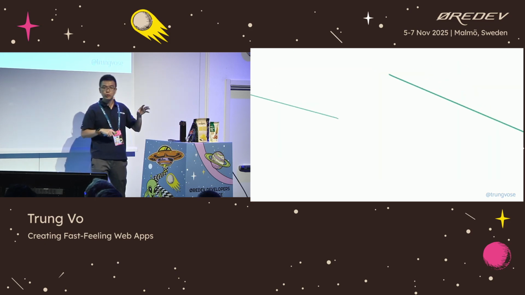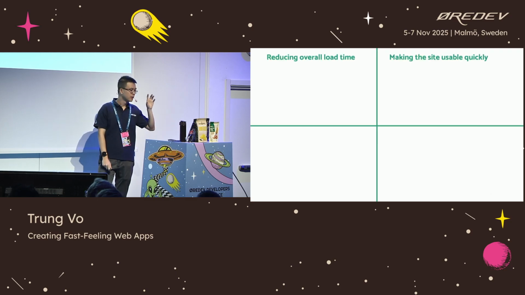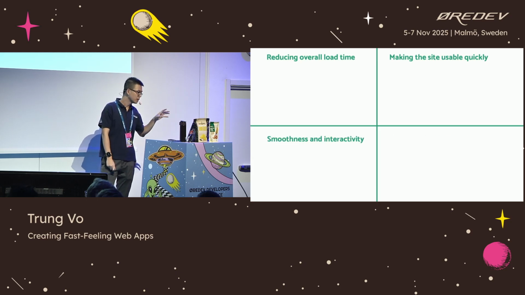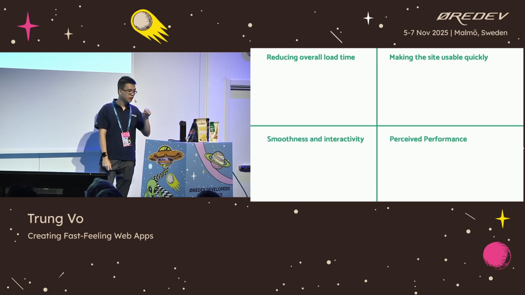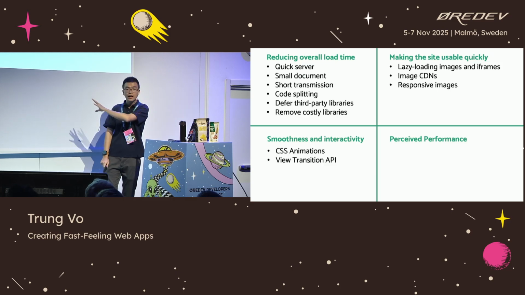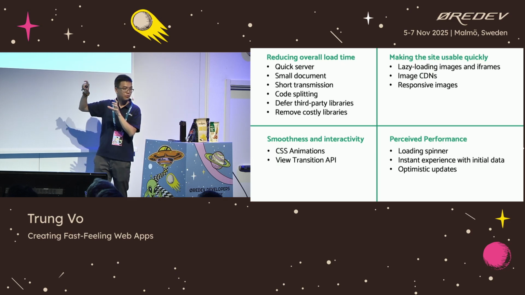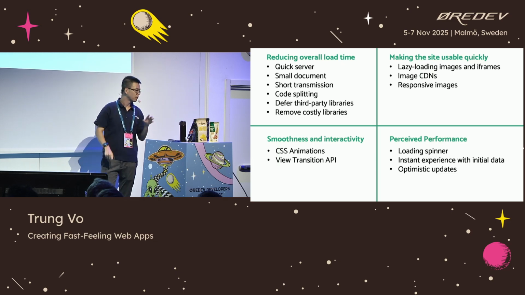And on the web, we could essentially do the same thing. There are usually 4 areas we talk about: reducing overall load time, making the site usable quickly, smoothness and interactivity, and the last one, perceived performance. We are mainly looking into the last one today. All of this you can find as reference online.